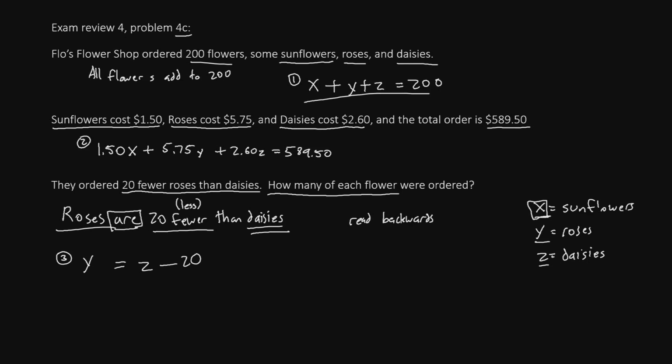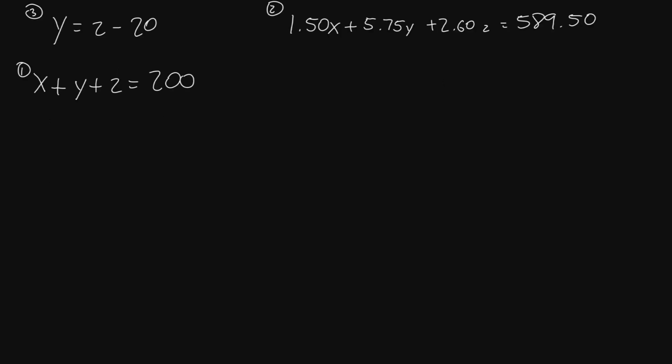Let's carry these three equations we've just written forward and start trying to do some math with them. Here are our equations again. Equation 3 is the simplest one, Y equals Z minus 20. Our first move is going to be to substitute the Y in this position that I've boxed in with Z minus 20.